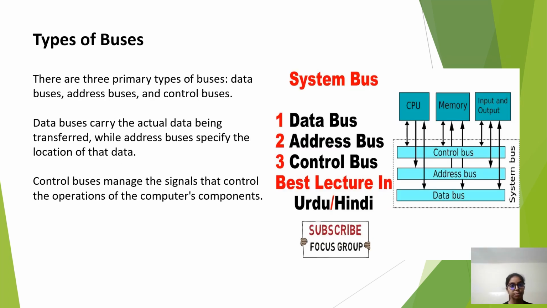There are three primary types of buses: data buses, address buses, and control buses. Data buses carry the actual data being transferred, while the address buses specify the location of the data, and the control buses manage the signals that control the operations of the computer's components.